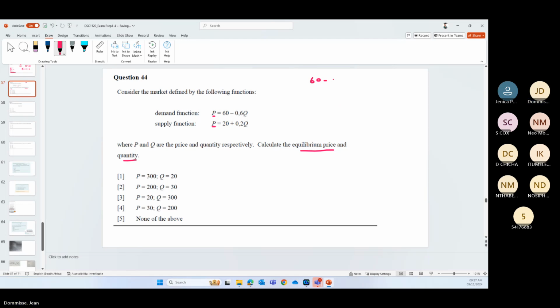So 60 minus 0.6Q. Let's just make sure that I don't make a mistake. And 20 plus 0.2Q.